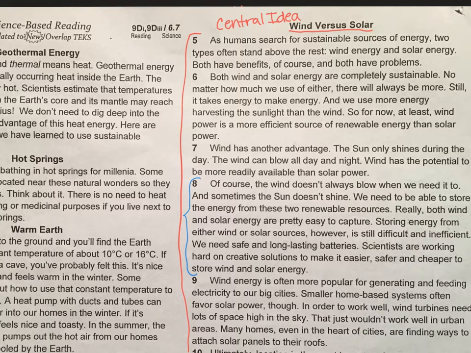So it might be a good idea to stop and jot after each paragraph and put what you learned in that paragraph so that you can put all of those ideas together to decide which one of our answer choices tells us the central idea of the entire section.